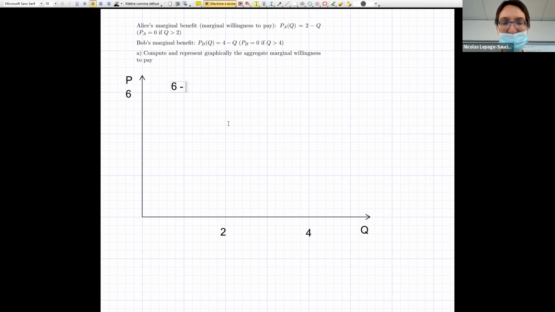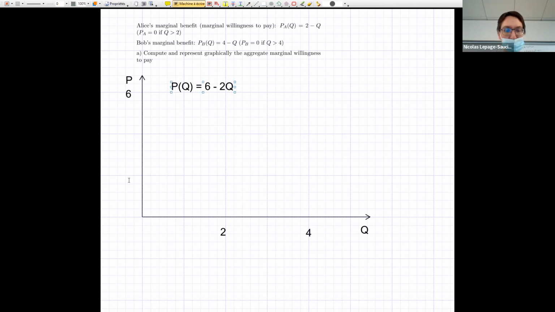So this is marginal willingness to pay. Or no, I wrote P, so I'm going to stick to the same notation. P of Q is going to be equal to 6 minus 2Q. Then the question is, at 2, where am I? 6 minus 2Q, that's 2.